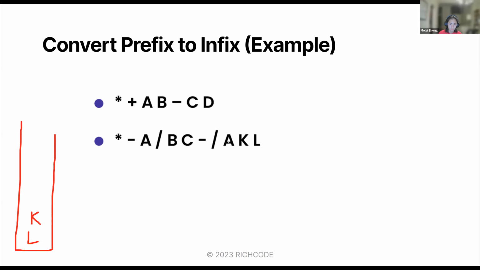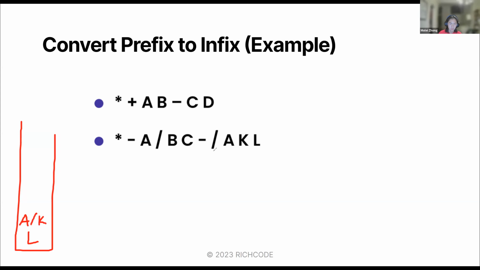Then we have A, which is also an operand, so it goes in the stack again. Then we get our first operation, which is division. We take out our top two operands from the stack, which is A and K, and divide them. So A divided by K.